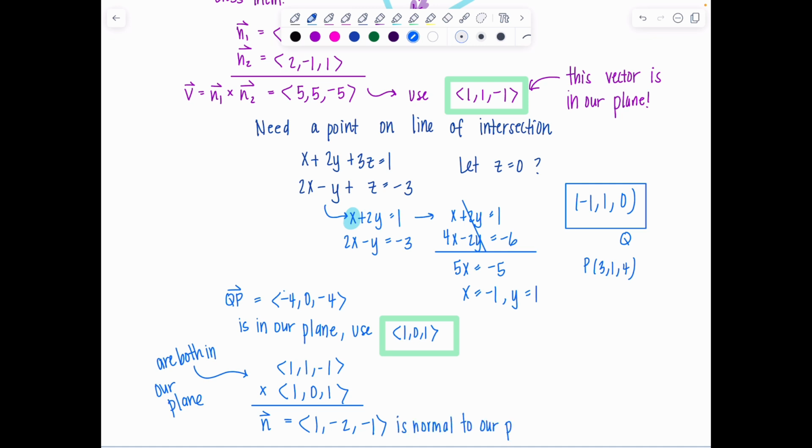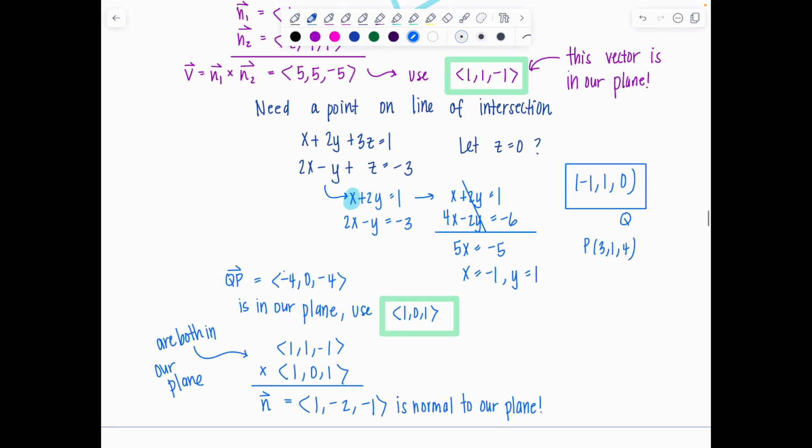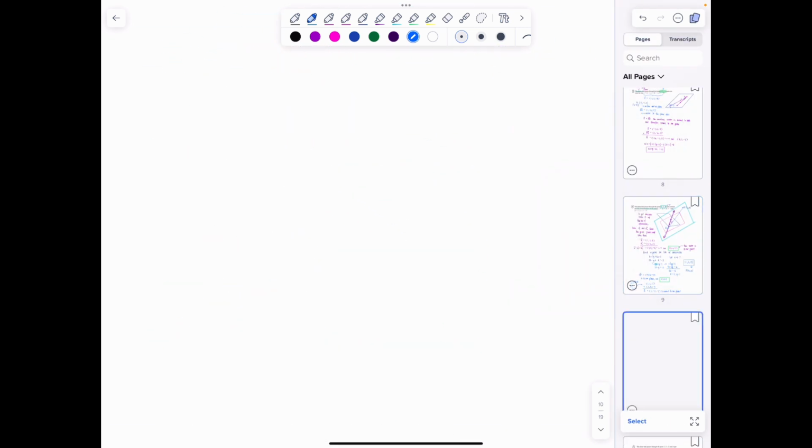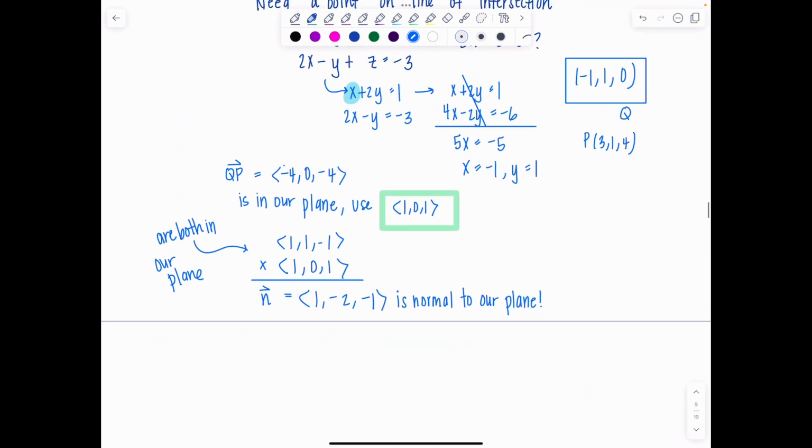Yay! So then all I need to do now is put it together with either point P or Q to write the equation of the plane. You choose your favorite. I'll just use P. I need a little more space if you'll allow it. I got too excited. So then we have point P with coordinates 3, 1, 4.